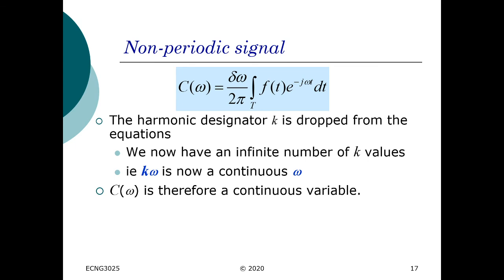So the transformation of c_k to c omega shows us how we can move from the time domain to the frequency domain and back. But however, remember here that T, we treated this as infinite.